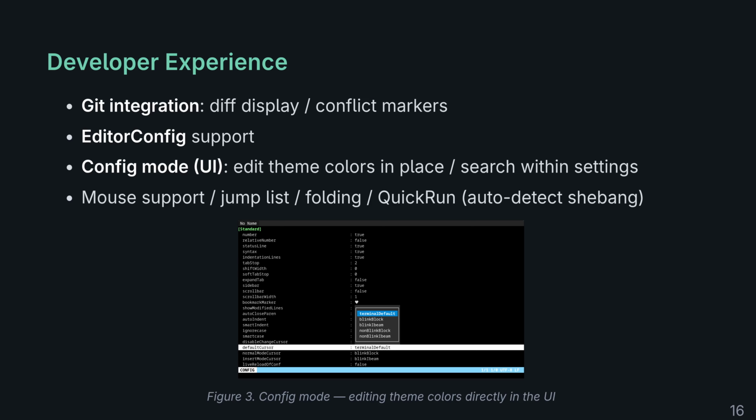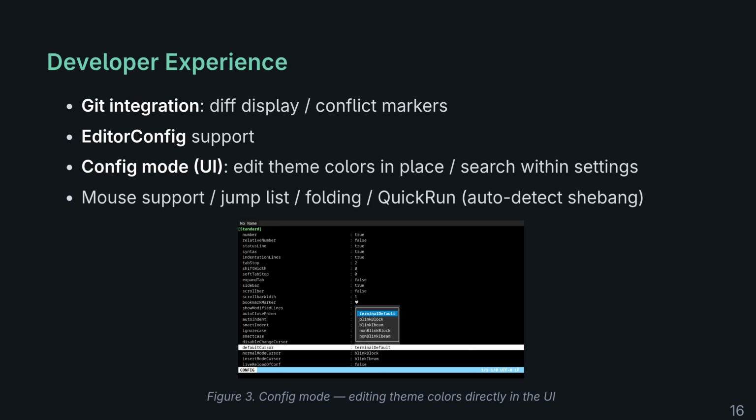On day-to-day developer experience, there's Git integration, for example diff display and conflict markers. There's EditorConfig support, so Moe follows your project's own settings. There's a configuration mode with a UI, where you can edit theme colors in place, watch them apply, and search through your settings.